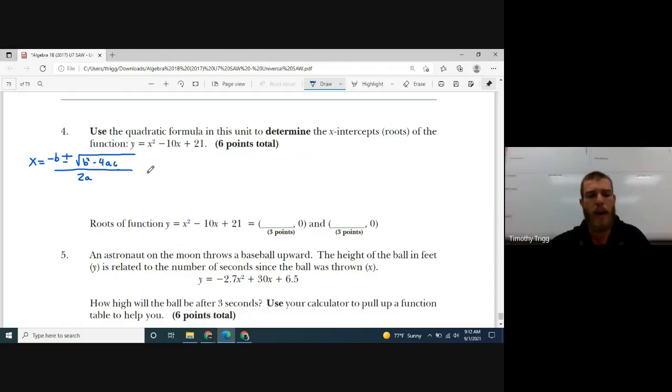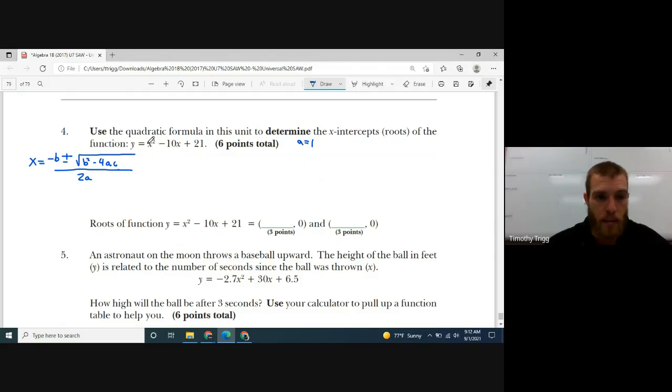Now, what's the value of a, b, and c? Those come from the equation they're giving you. In our case, the a is whatever's in front of the x squared. It doesn't look like there's anything there, but there's an invisible 1, so the coefficient of x squared is 1.